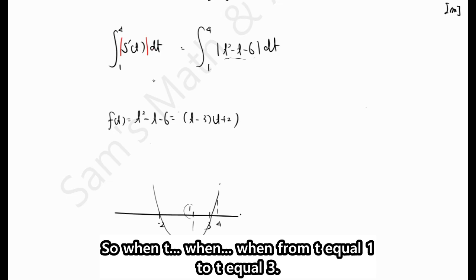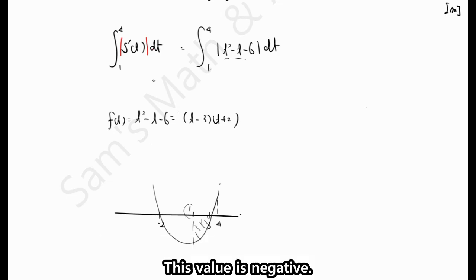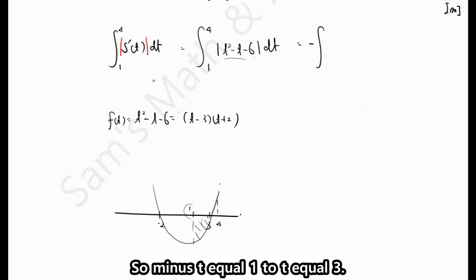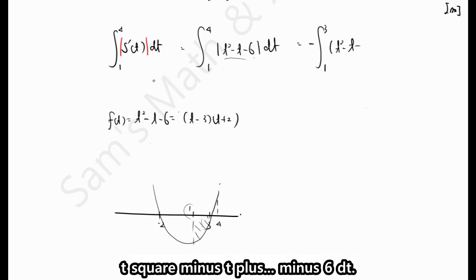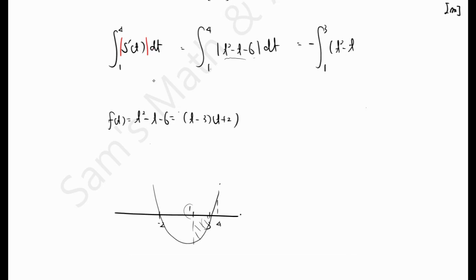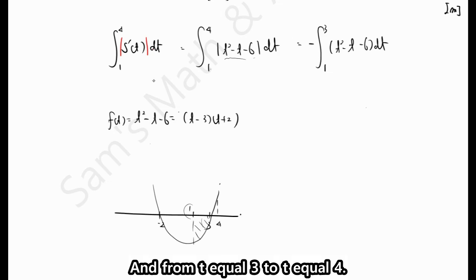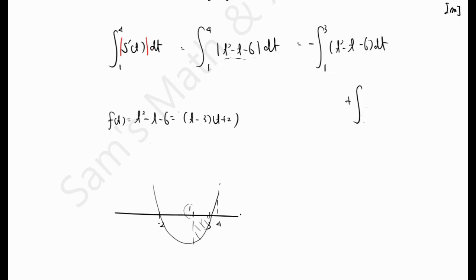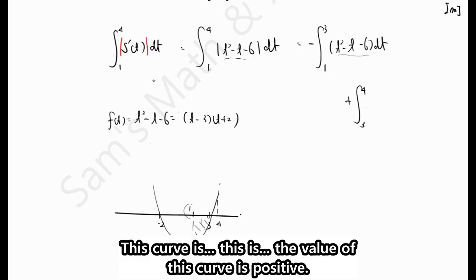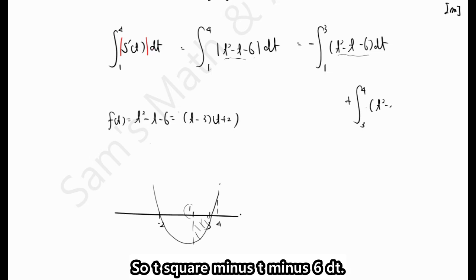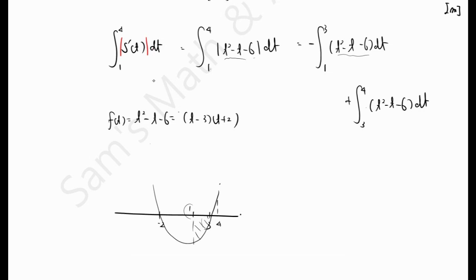From t equal 1 to t equal 3, this value is negative, so we take the minus of the integral from 1 to 3 of t squared minus t minus 6 dt. From t equal 3 to t equal 4, the value of this curve is positive, so we integrate t squared minus t minus 6 dt.